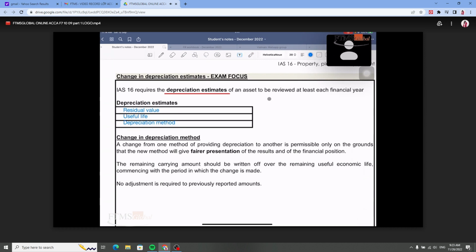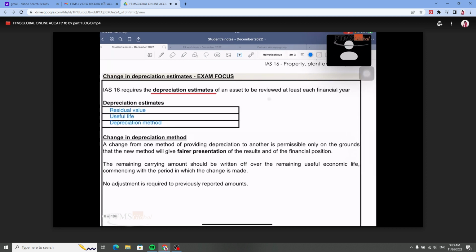Of course, it will be good to bring this section to our day-to-day life. What I can think of is this. Maybe, for example, the Vietnam government. I do not know how long the useful life of a car is in Vietnam, maybe currently it is 10 years.